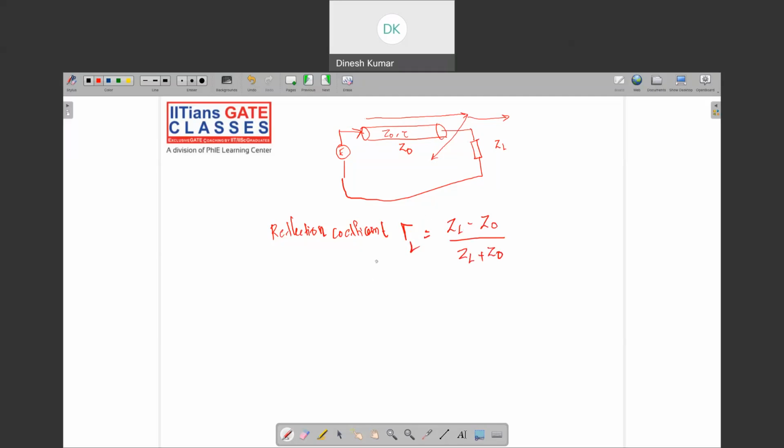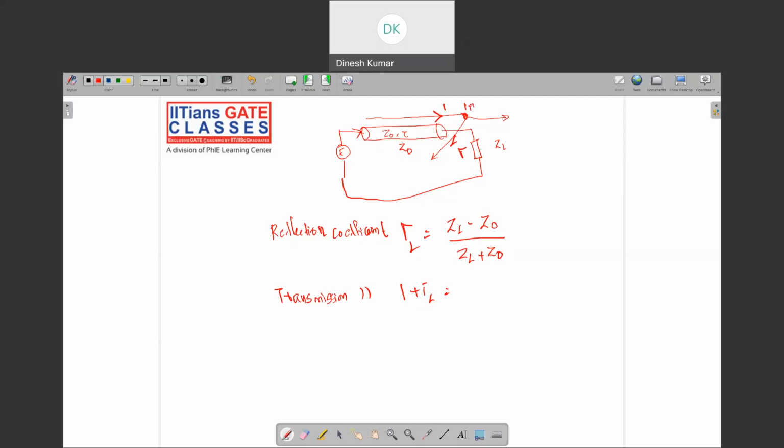Now the transmission coefficient that is happening here, this is the reflection coefficient. The transmission coefficient is 1 plus gamma L. Right. If we assume 1 is coming here and gamma is going back, what is the voltage at this particular point? That is the sum of these two.